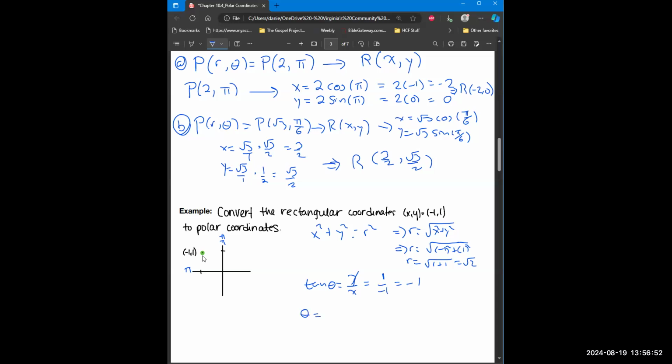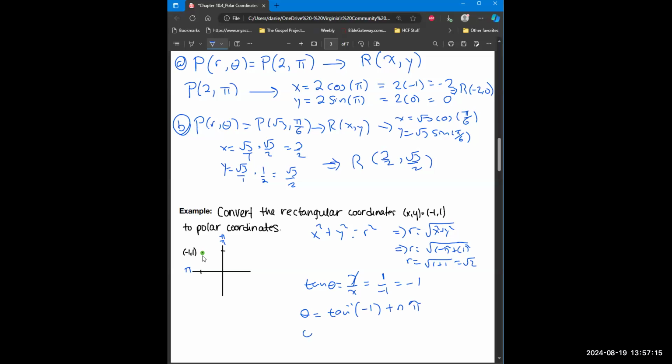Then theta is equal to arctangent of -1 plus maybe some n pi, because tangent repeats itself every pi radians.